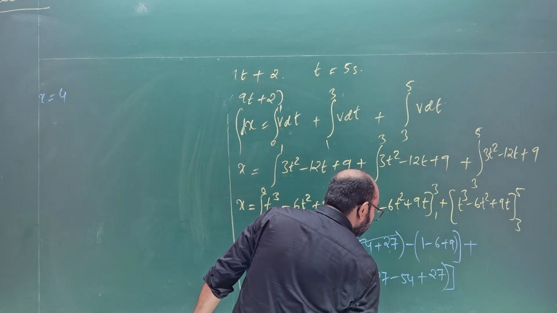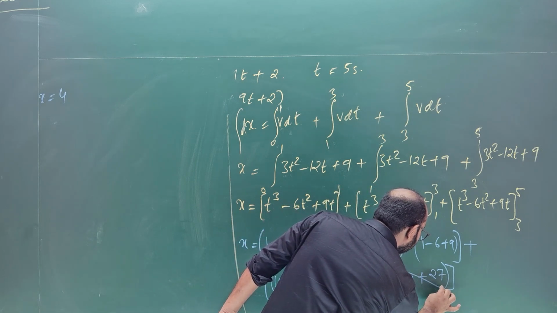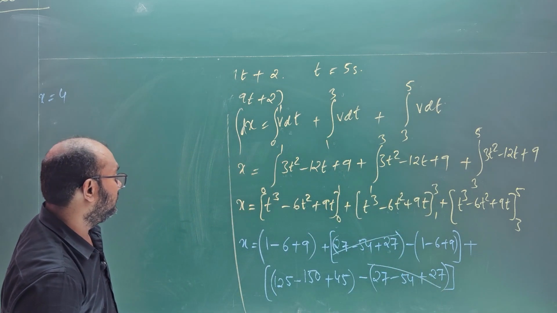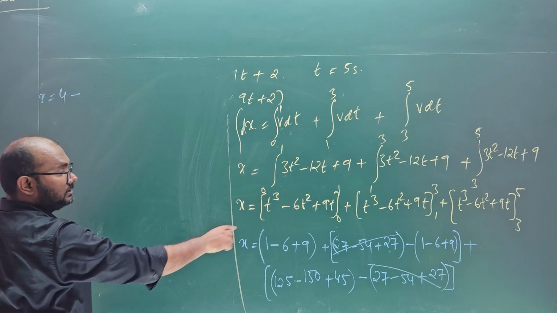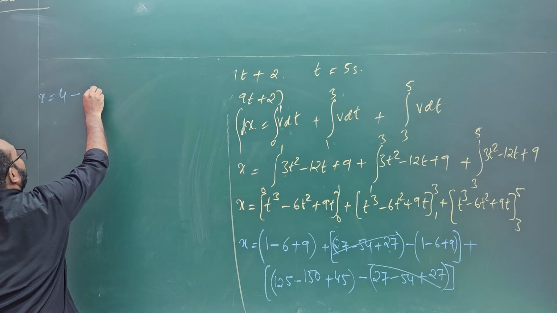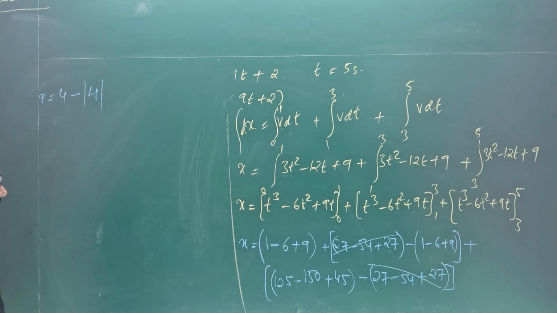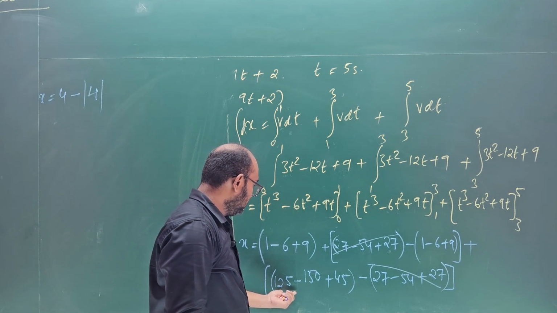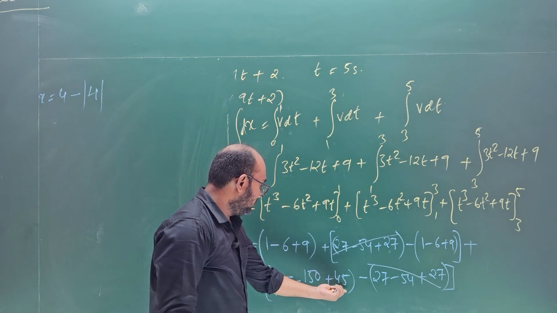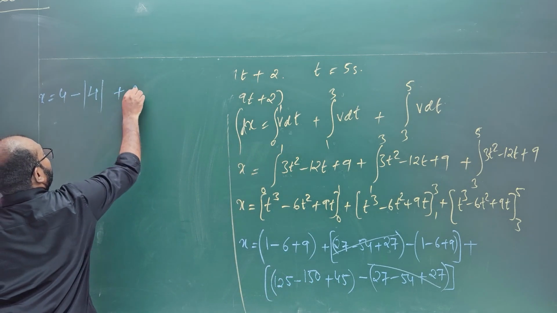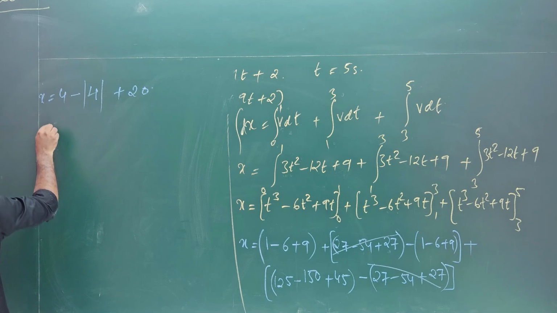Yes, in the denominator this also gets cancelled. So minus, next is minus 4. Whenever the minus 4 is coming, you have to substitute the magnitude. Then plus how much? 20, plus 20.